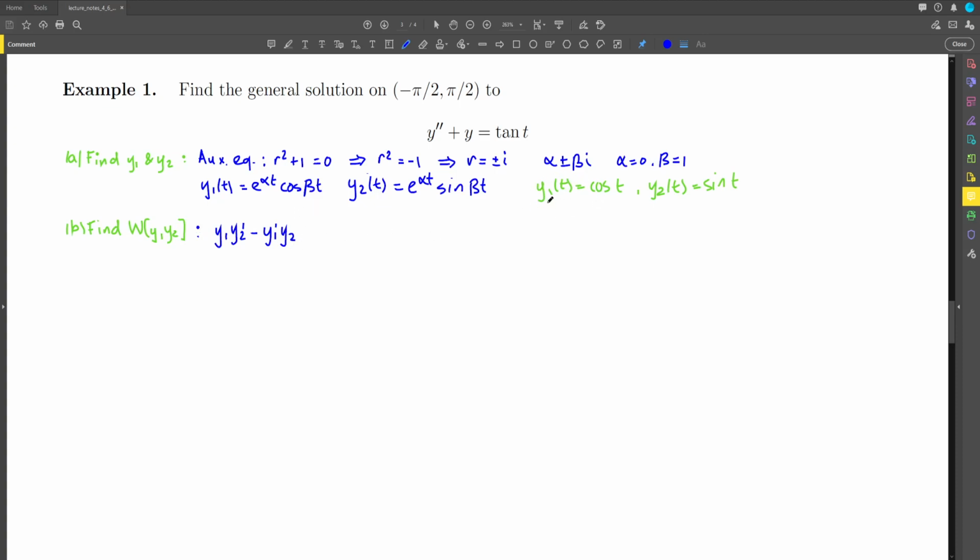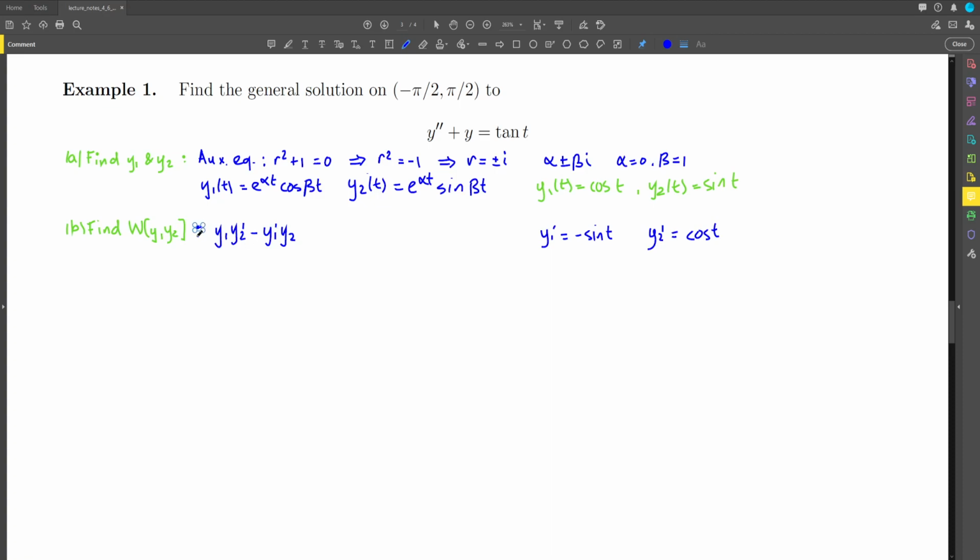Now, we have y1 here, so we can quickly find y1 prime, and that is equal to negative sine of t, and y2 prime is equal to cosine of t.